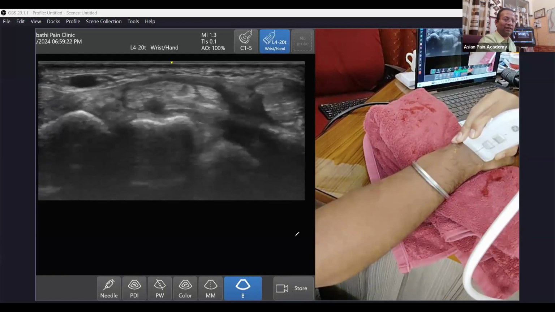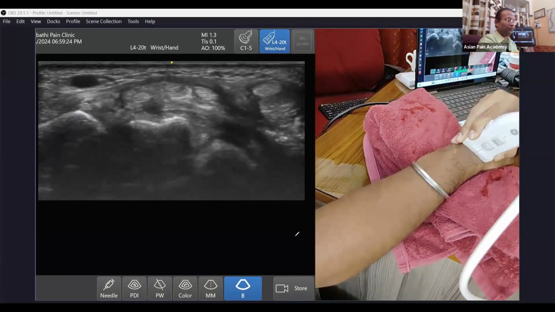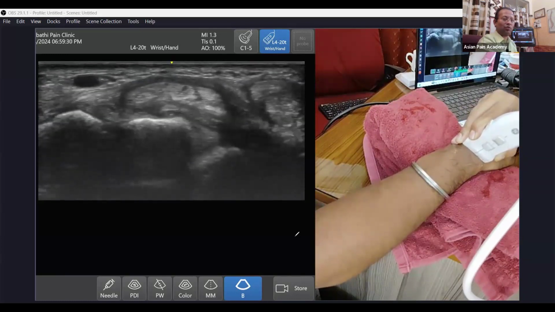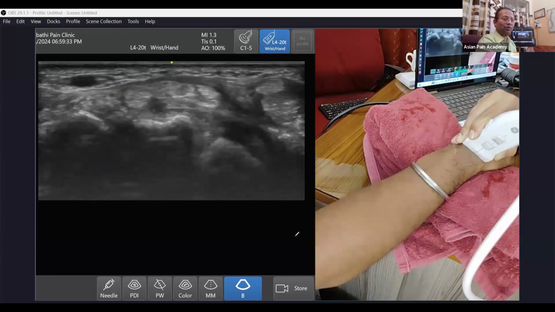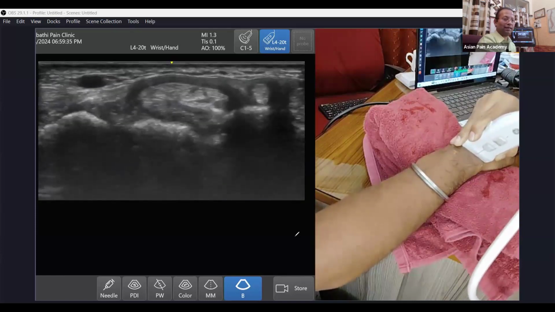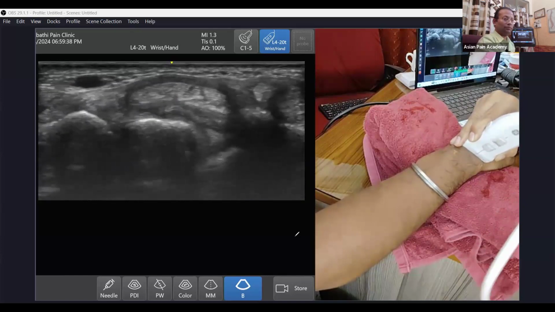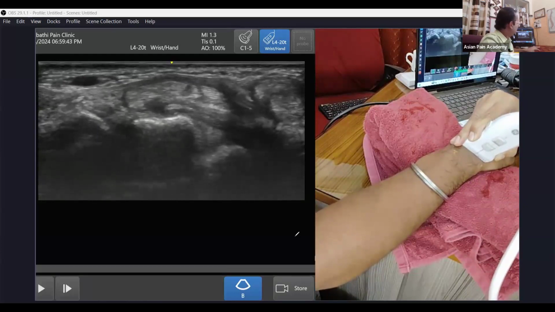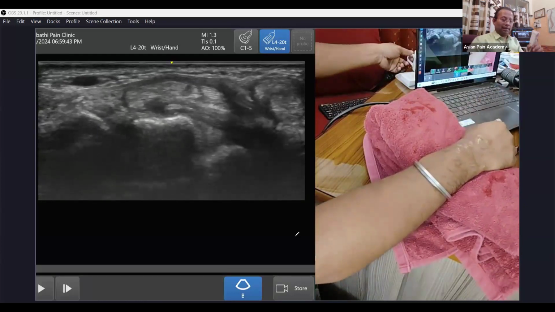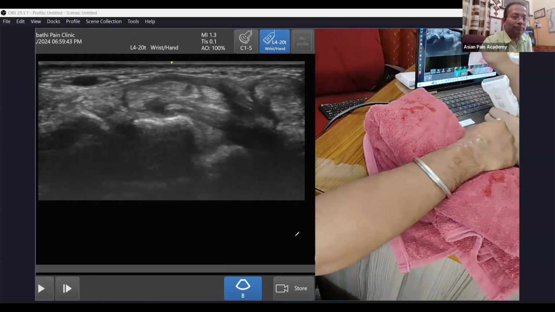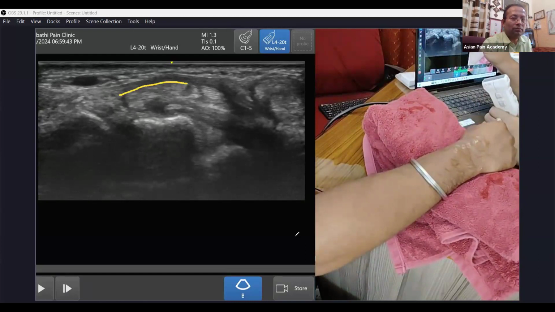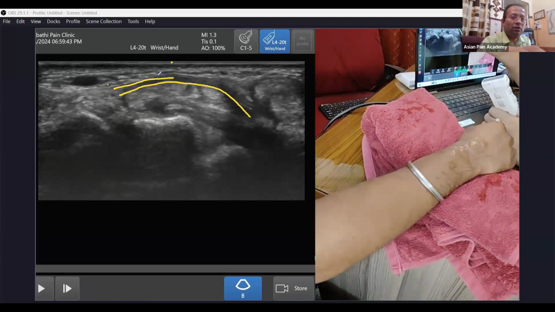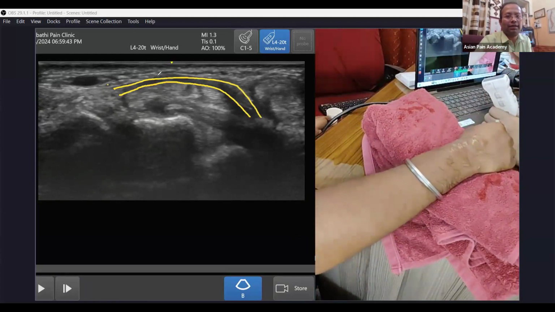After I have seen all the sleeves of extensor digitorum, I move one side towards the radius. So I can see now, this is the extensor retinaculum. Okay. So this is the extensor retinaculum.